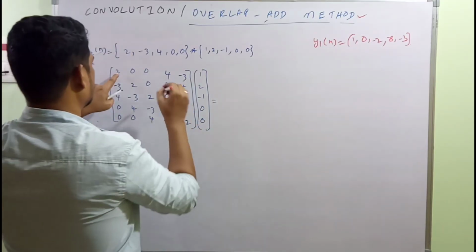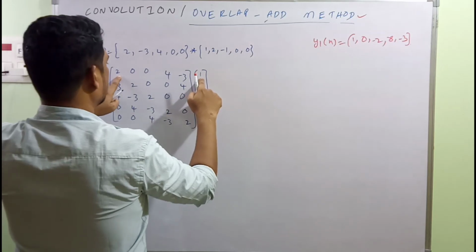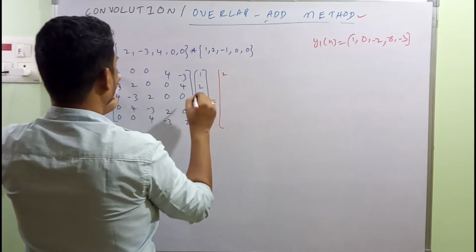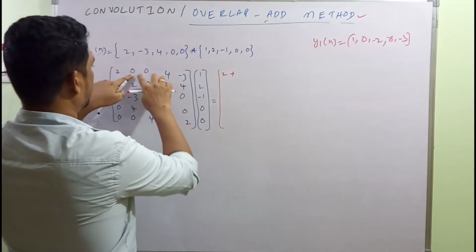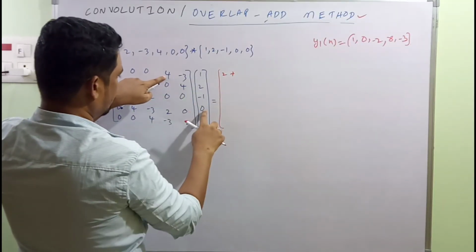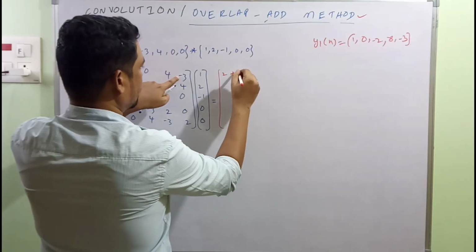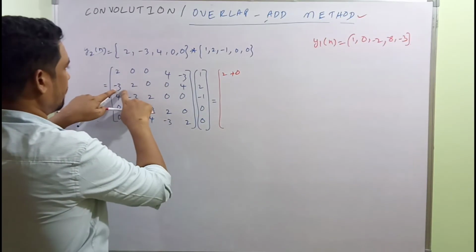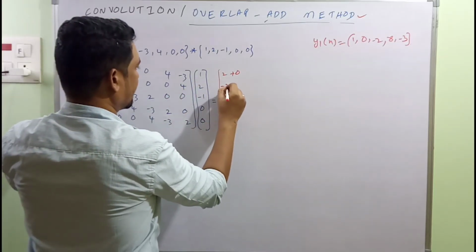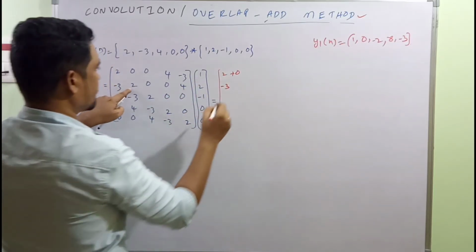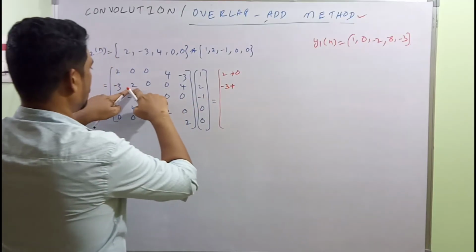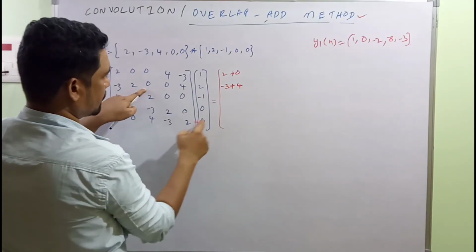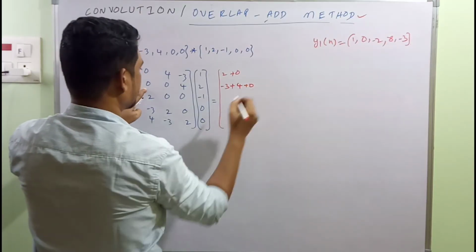It's 1 into 2, it's a 2 plus, these are zeros, 4 into 0, that will be completely 0, right? And the second element, minus 3 into 1, that will be minus 3, plus 2 into 2, that will be 4, and 0 0 and 0, that will be 0 plus 0.